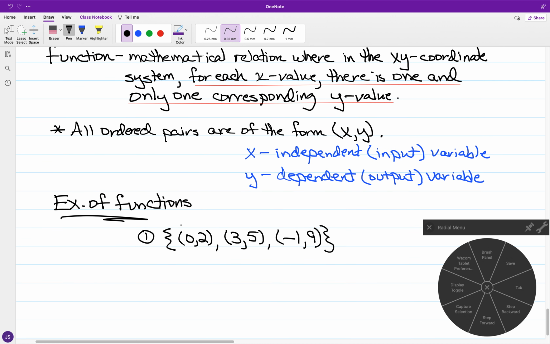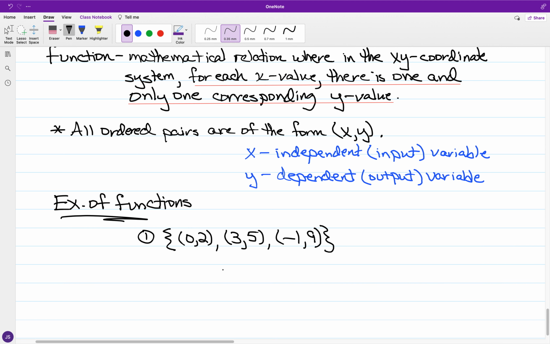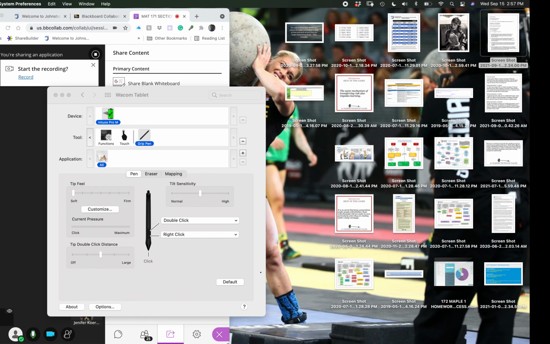And now, for the characteristics, you'll be running into the term domain quite a bit. The domain is making reference to the set of x values that define the function.